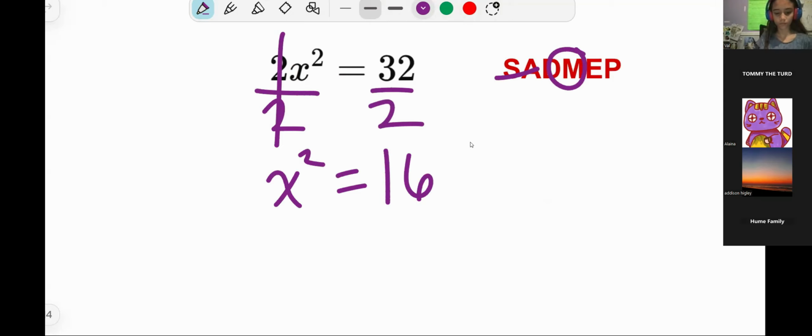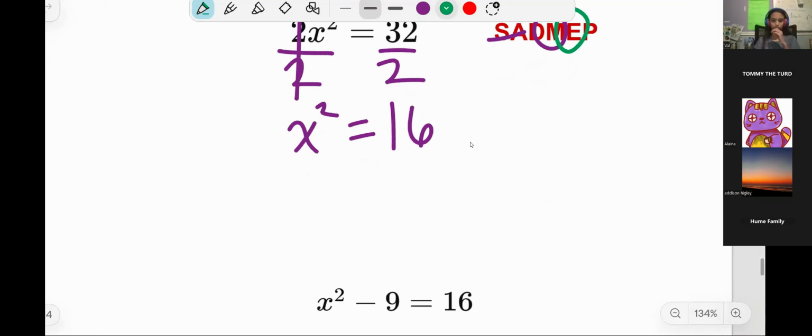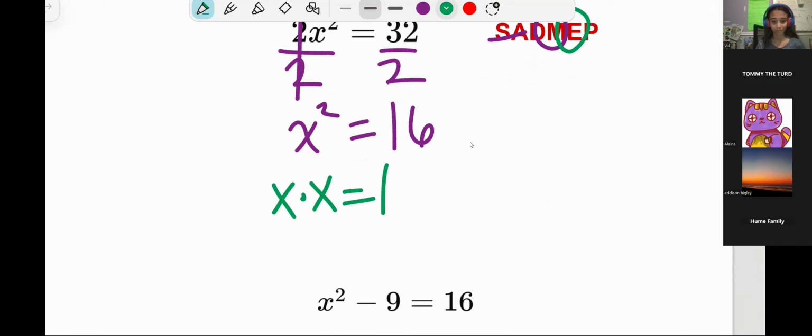So what we have now is an exponent. And we didn't do that earlier in the year. But now we have an exponent, which means two numbers that are the same. A good way to look at this: x squared actually means x times x equals 16. So it has to be the same number multiplied times itself to give us 16.